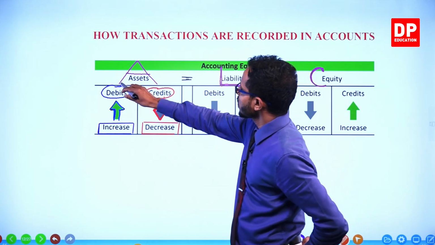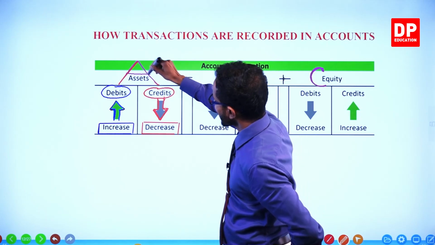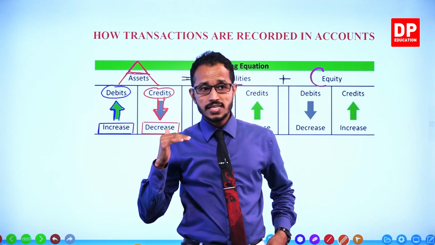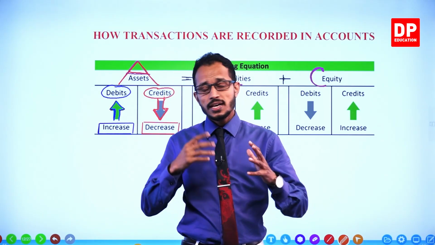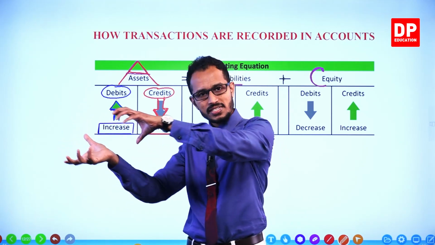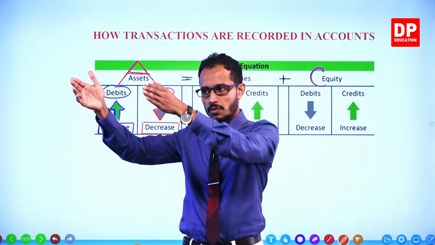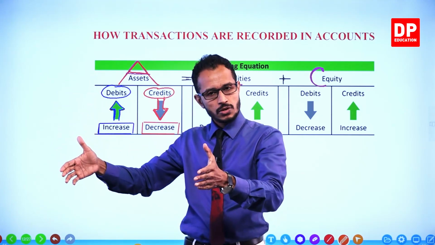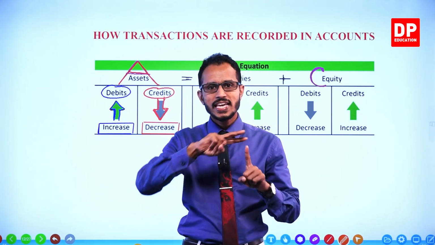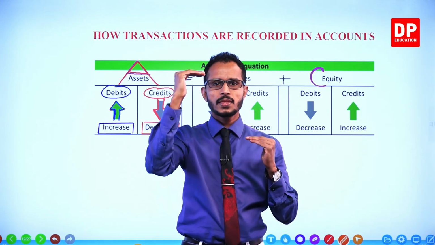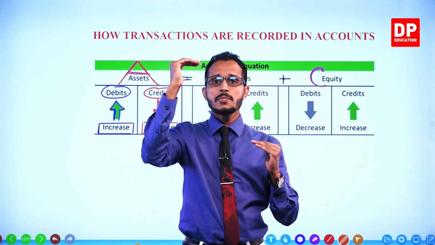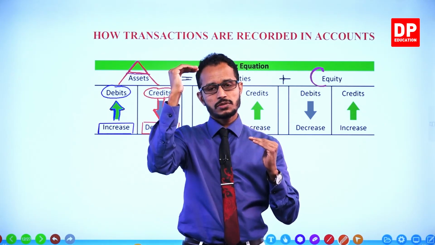Every time some sort of an asset increases in value, for example, if we buy and bring new furniture to the business, the furniture asset increases. So then the furniture account always will be debited with that amount.